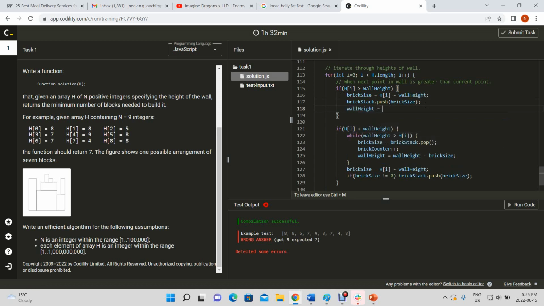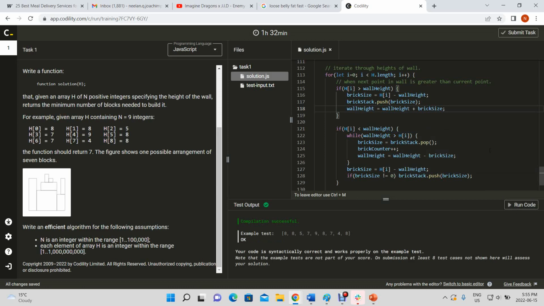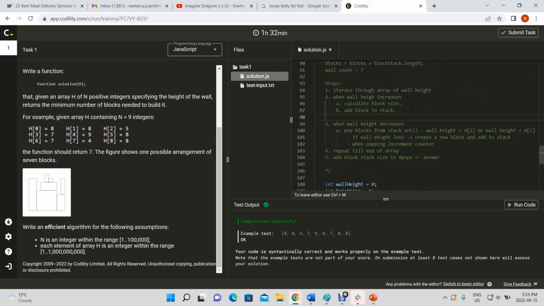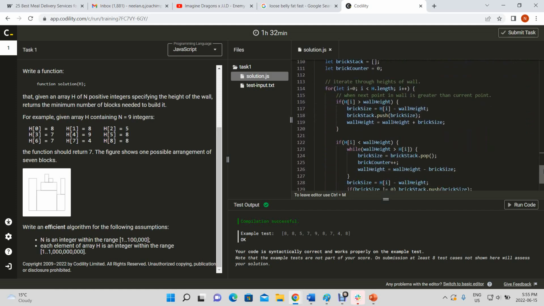Wall height is equal to wall height plus brick size. Okay. All right, we forgot to increase our wall size, so that was a condition. Increase wall size variable. All right, and I think that should be good.